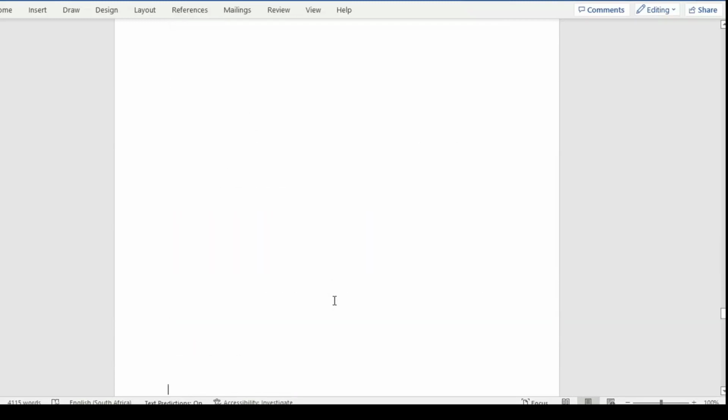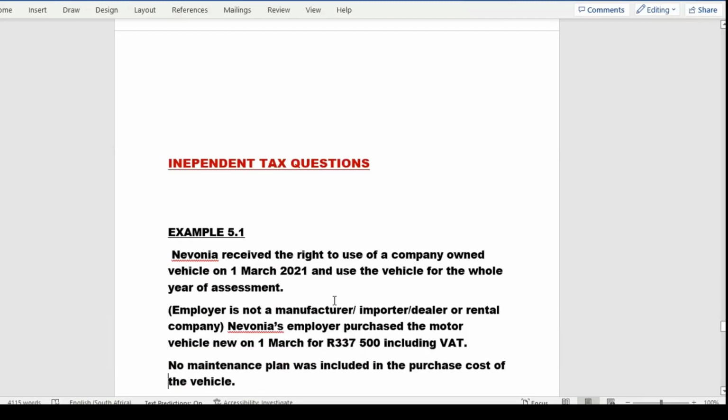Hold on for me, please. Before I move on to the next question, do you guys need clarity on CGT? I think you guys need to study it more. I think you guys have to go do your theory and practice questions. Do we agree on that?